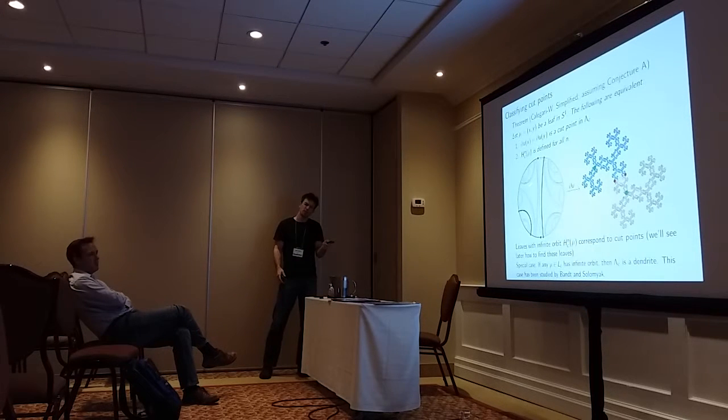If you think a little bit about what is going on here, this seems like it should be obvious. If you take a point and you're able to apply f or g inverse to it infinitely many times, well, if it's not a cut point, then you're expanding things every time.